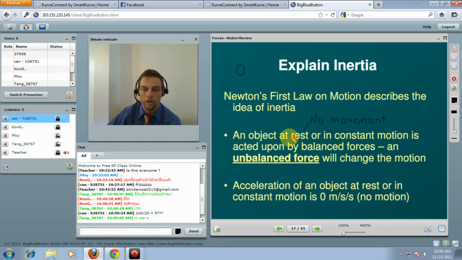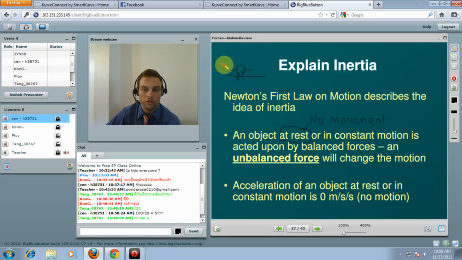Okay, so if this object is at rest or in constant motion, it's being acted upon by balanced forces. So just like the rock, the forces will be equal. That's the key. So you have the rock with the wind, the resistance to the wind, gravity, and the force acting on it.